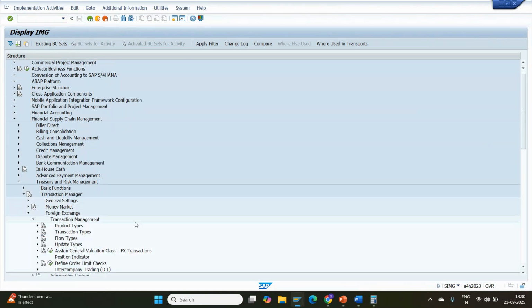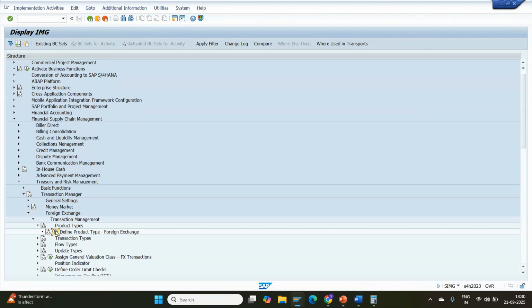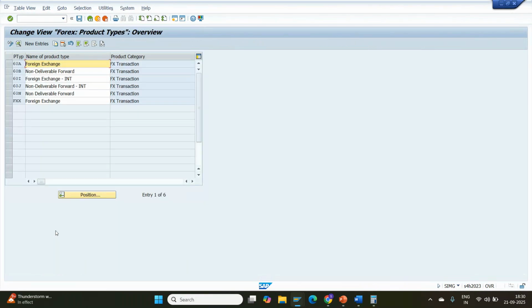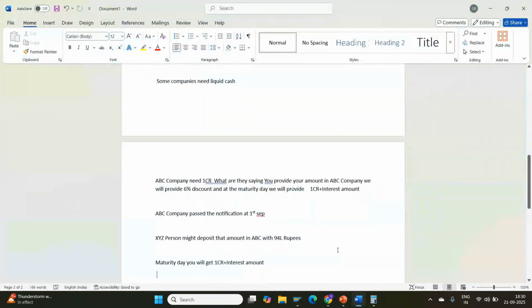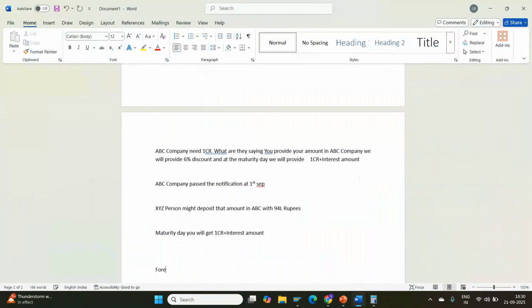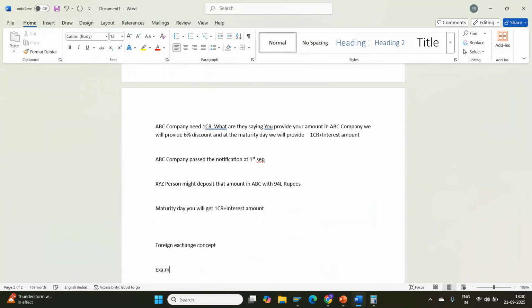Do you know what is the use of foreign exchange? Just I will give an idea. See, foreign exchange concept. Example, Sheeran company in India and XYZ company in USA.